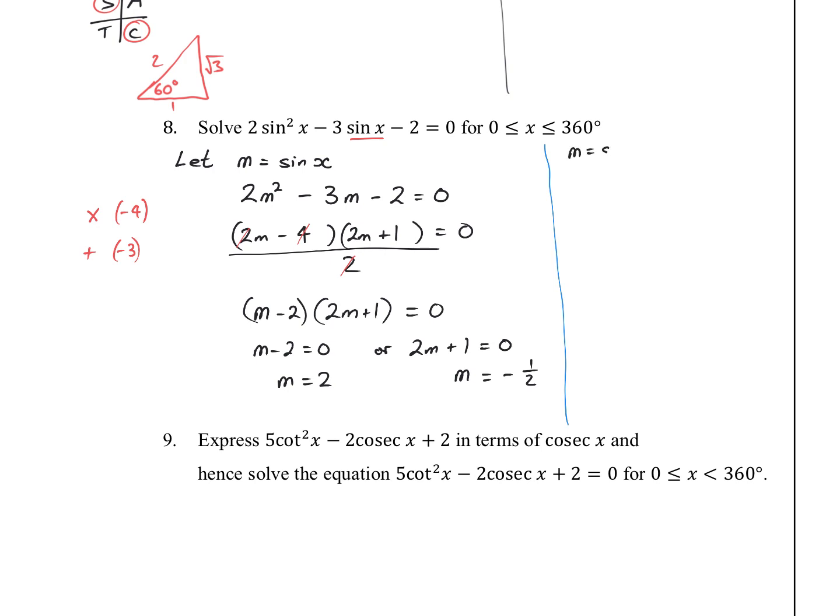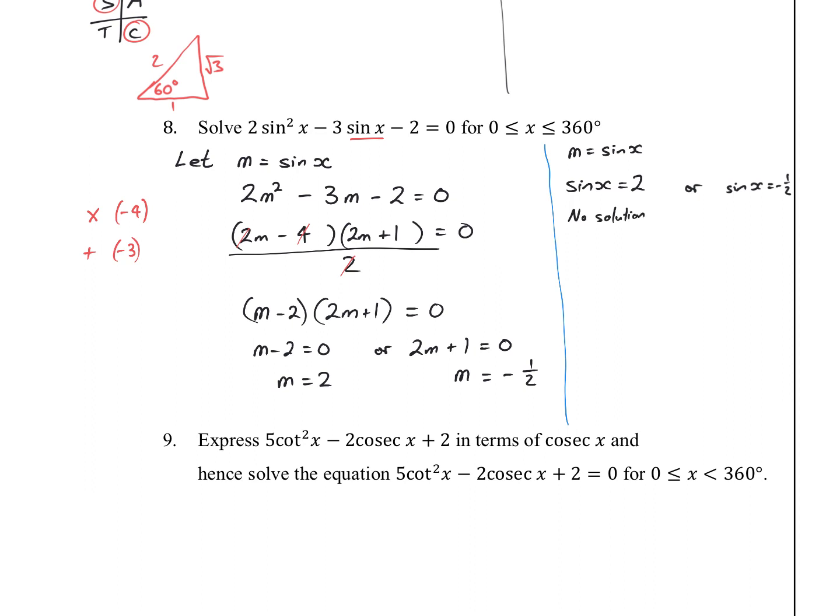So m is equal to sine x, so sine x equals 2, or sine x equals negative 1/2. Can sine x equal 2? Think about your graph. No, it never goes above 1. All right, so remember our sine graph, it never goes above 1. So for this one, we've got no solution.